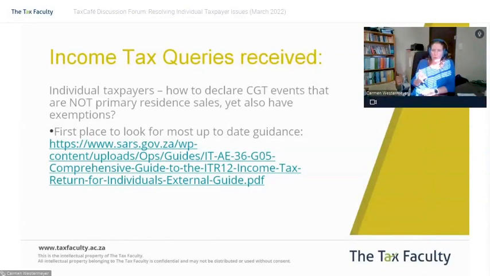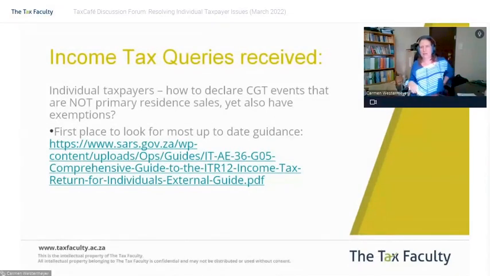First place I would always recommend to look is to please go and have a look at the comprehensive guide to the IT12. Now, I apologize if I'm preaching to the choir in terms of you knowing that you need to look there, but the benefit of the IT12 is that the tax return changes every single year. So what was true today won't necessarily, well, no, let's rephrase. It doesn't even change every year.